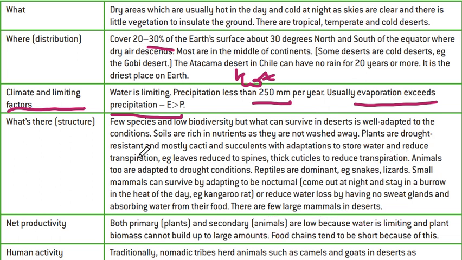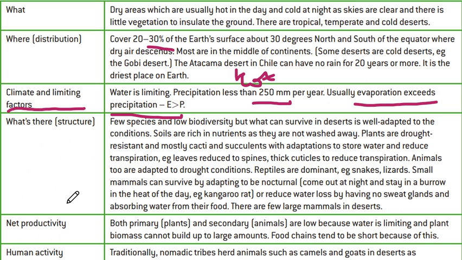There are very few species which can survive in such extreme climates, and if they are surviving, they have to be well adapted to the whole climate.